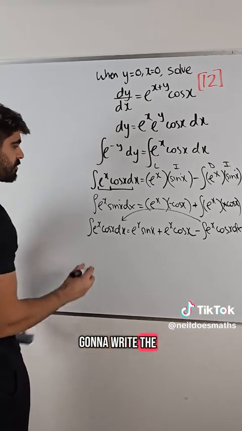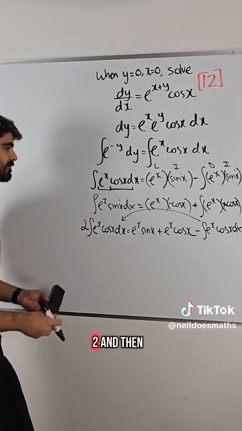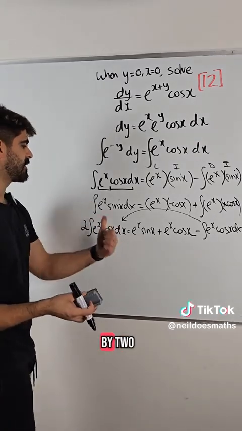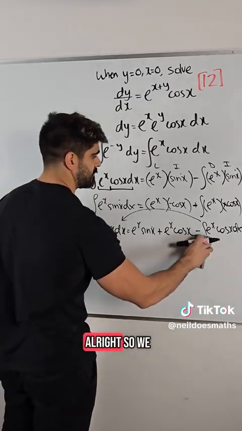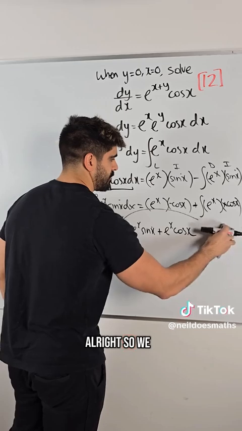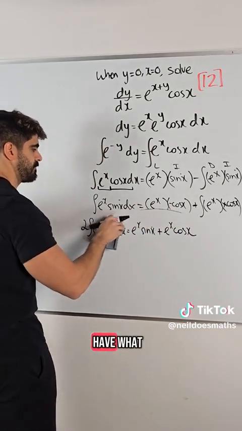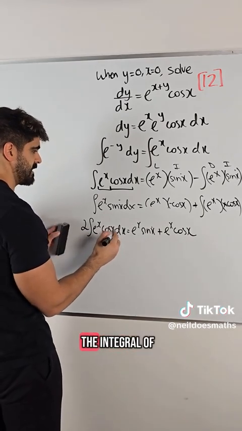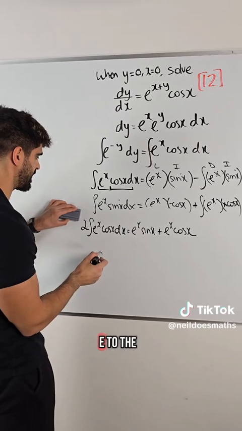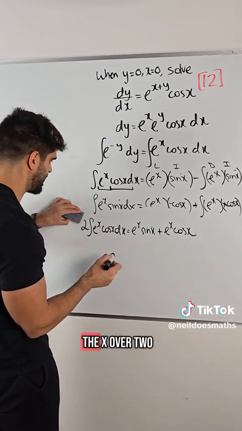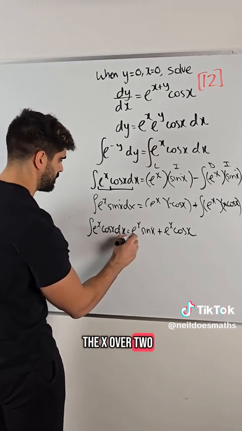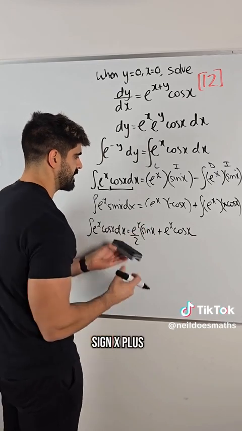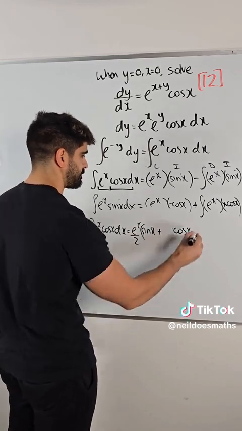And I'm not going to write the whole thing again. It's going to become 2. And then we're going to divide by 2, and then we have our integral. All right? So we have that the integral of e to the x cos x is e to the x over 2 times (sine x plus cos x).